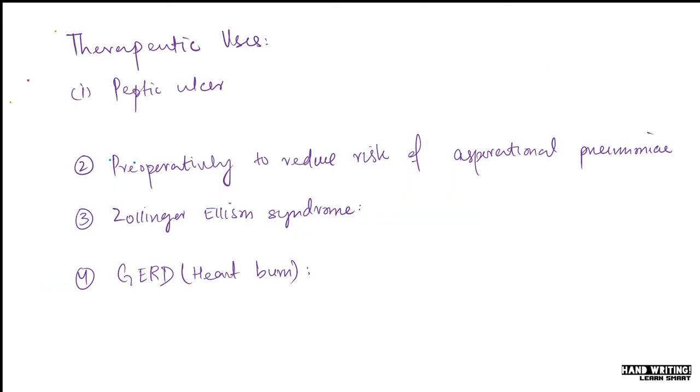Now coming towards the therapeutic uses of the proton pump inhibitors. They are used in peptic ulcers like gastric ulcers, duodenal ulcers, and acute bleeding ulcers, for which IV proton pump inhibitors are used.